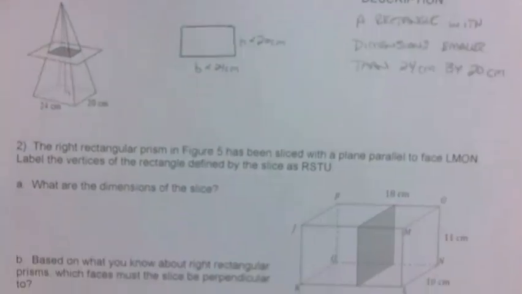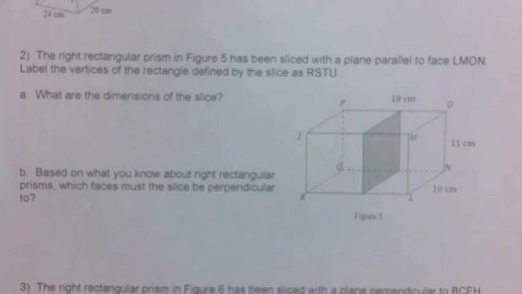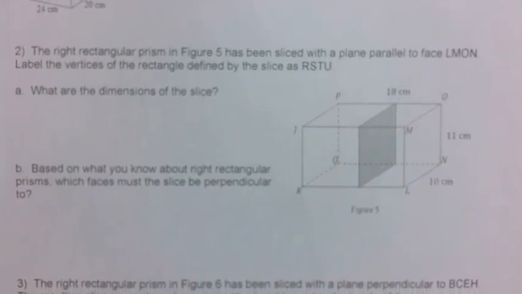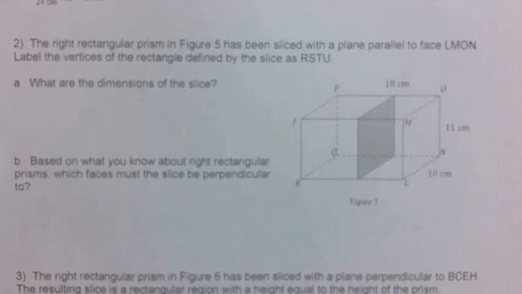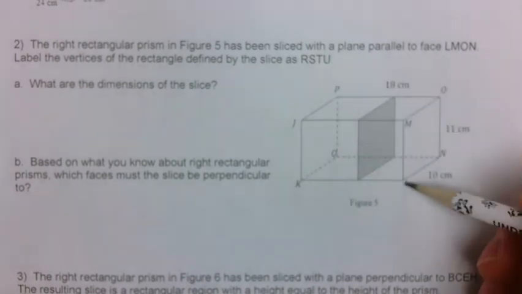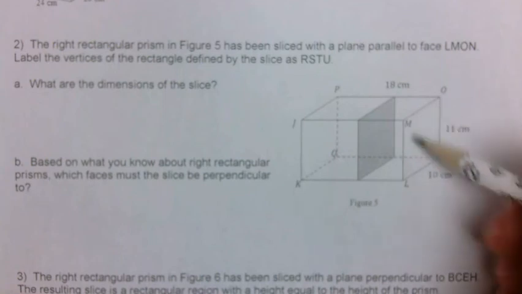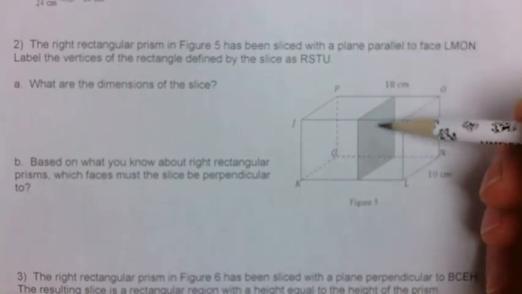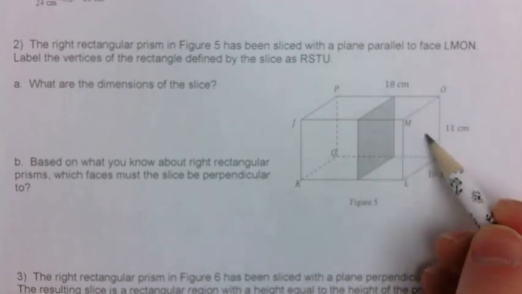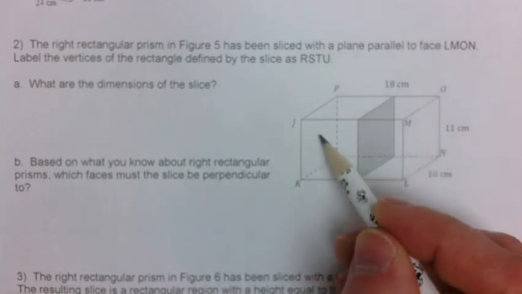Okay, in our second example, the right rectangular prism in figure 5 has been sliced with a plane parallel to face LMON. If we look at the labels here, LMON is this right rectangular face right here. So we've sliced straight down through the top and the bottom, parallel to the right side, which means it's also parallel to the left side.